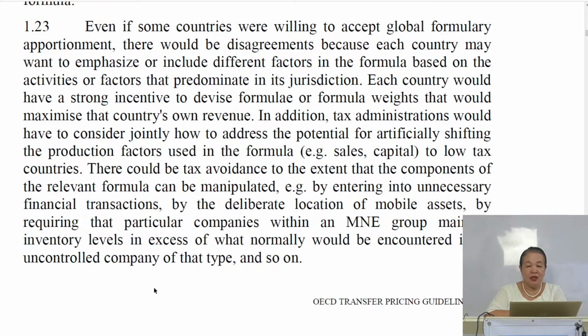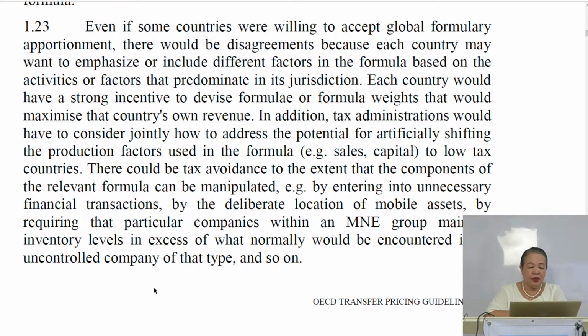Kasi they will see ano ba itong actual operation ng business dito sa place na to, and then they're just given a little share doon sa profit, no? So may mga dispute yung local jurisdiction when it comes to that pre-agreed formula.